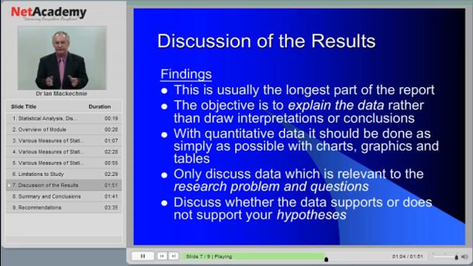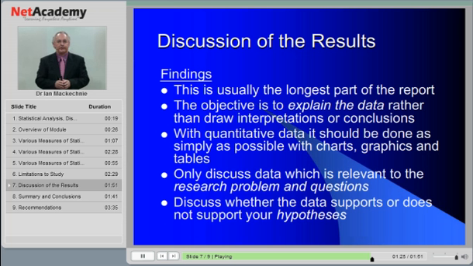Don't get yourself involved in side issues. There may be other things that you have discovered through your research, but don't put it in this area, because what you're doing is discussing data in relation to your research and the questions that you are seeking to answer.